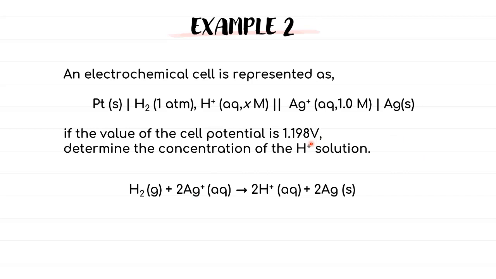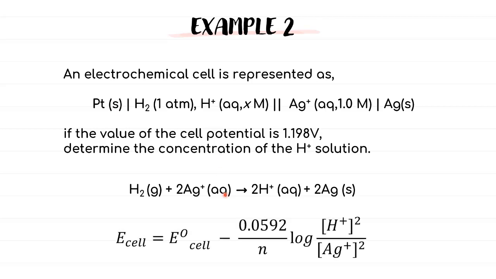Since unknown concentrations of H plus is yet to be determined, we need to consider these whole reactions as non-equilibrium conditions. Hence, apply the Nernst equations at 25 degrees C of E cell equal to E naught cell minus 0.0592 over n log concentrations of H plus over concentrations of Ag plus.